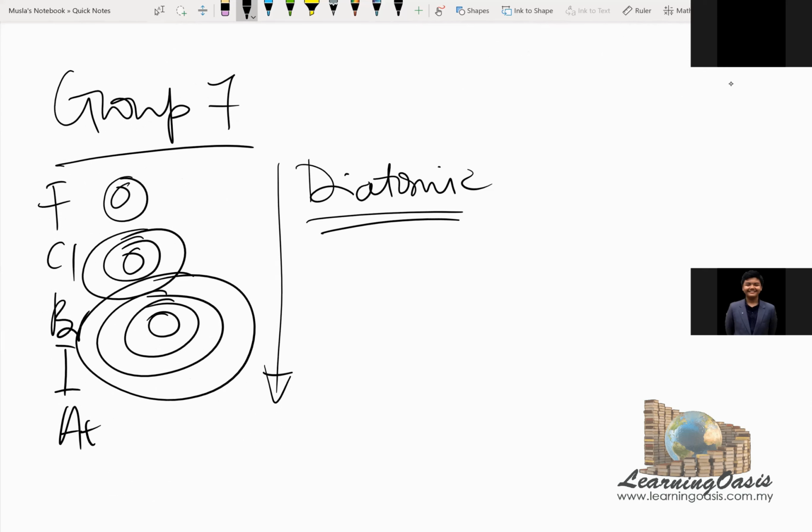Fluorine is F2, chlorine is Cl2, bromine is Br2, iodine is I2, astatine. They are diatomic. What does it mean? Di means two. They're made up of two atoms, sharing one electron each. So as you go down the group, what happens to the melting point and boiling point? Increase or decrease? Increases. Why does it increase?